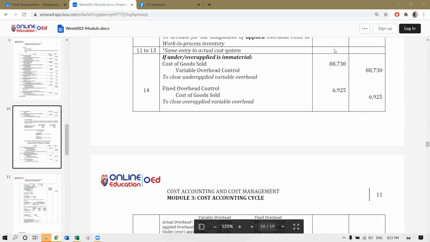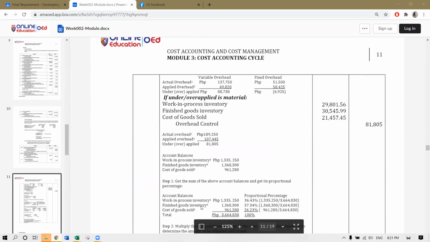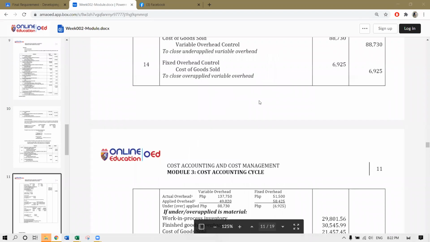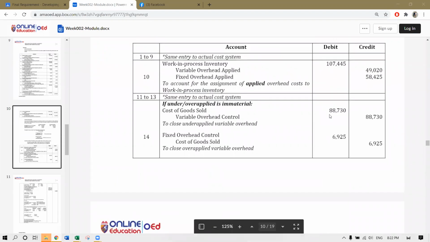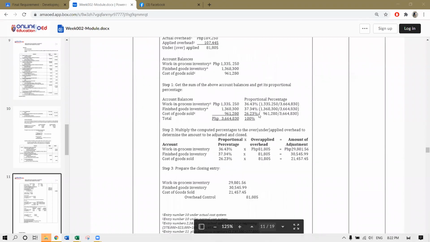So 81,805 is the net under application. Why does it say over application here? It's an under application. Actual overhead versus applied overhead, it is an under application.